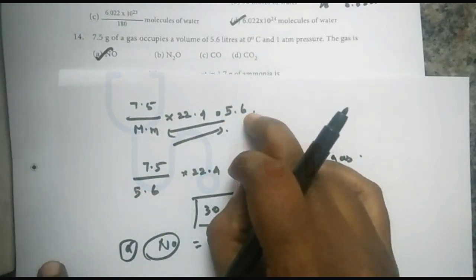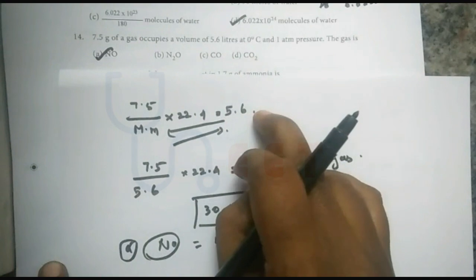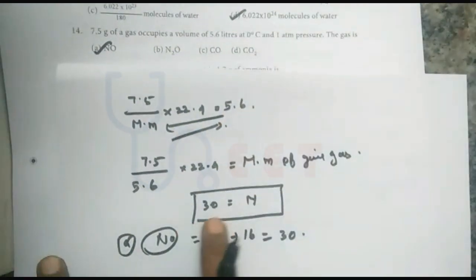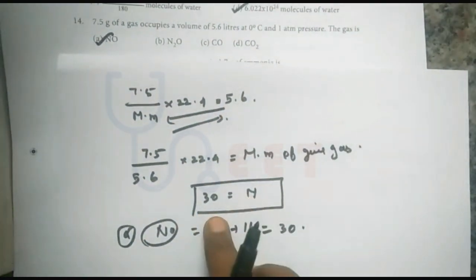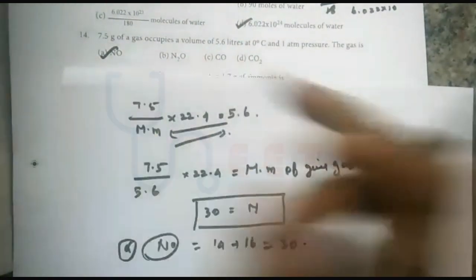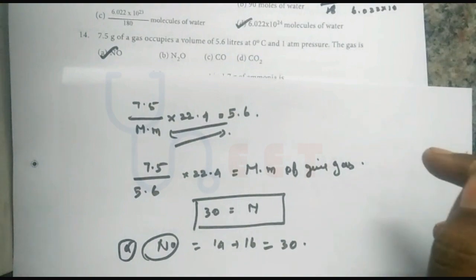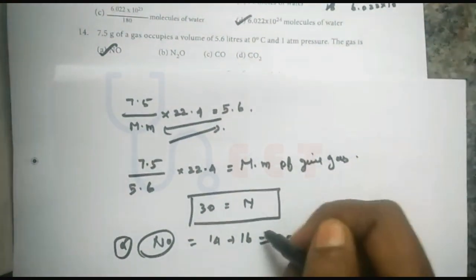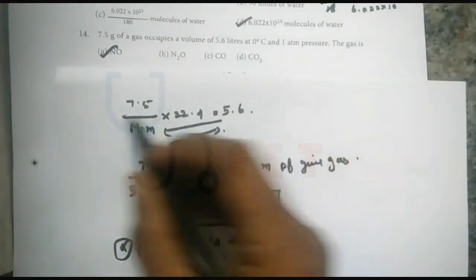Then cross multiplying, I find the answer is 30. It is the molecular mass of the gas. Among the gases below, only nitrogen monoxide has molecular mass 30. So the answer is A.